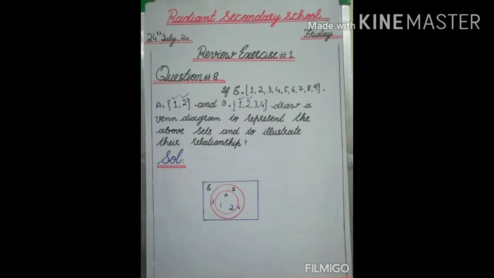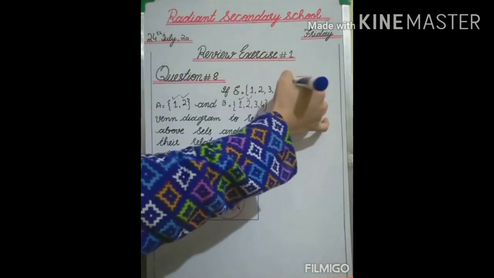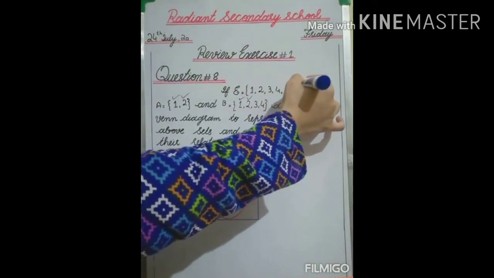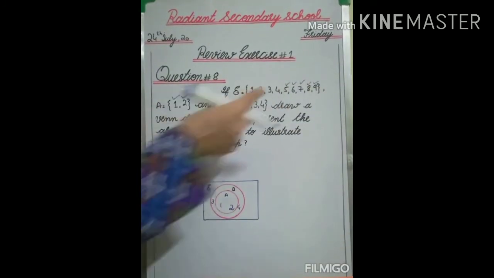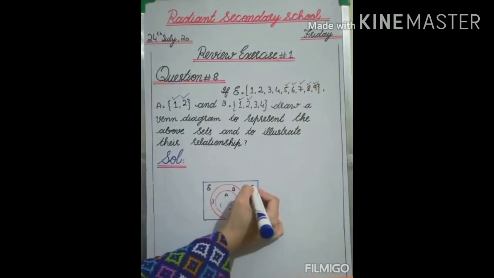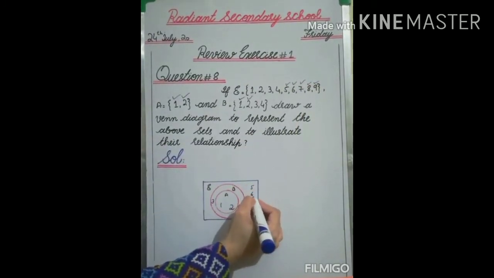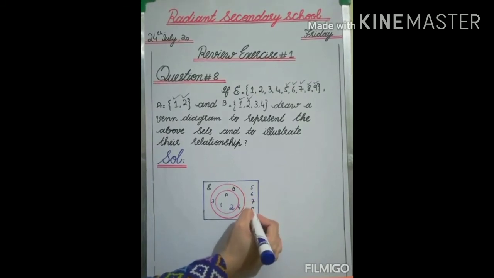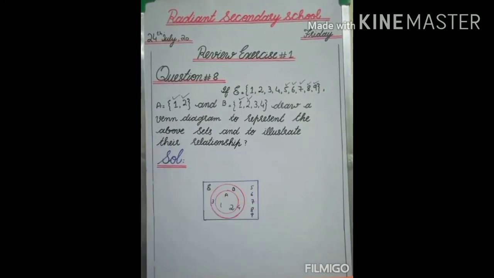After writing the elements of set A and B, now we will write those elements of the universal set which are not present in set A and in set B. Those elements are 5, 6, 7, 8 and 9. Now we will write these elements in the universal set. 5, 6, 7, 8 and 9.